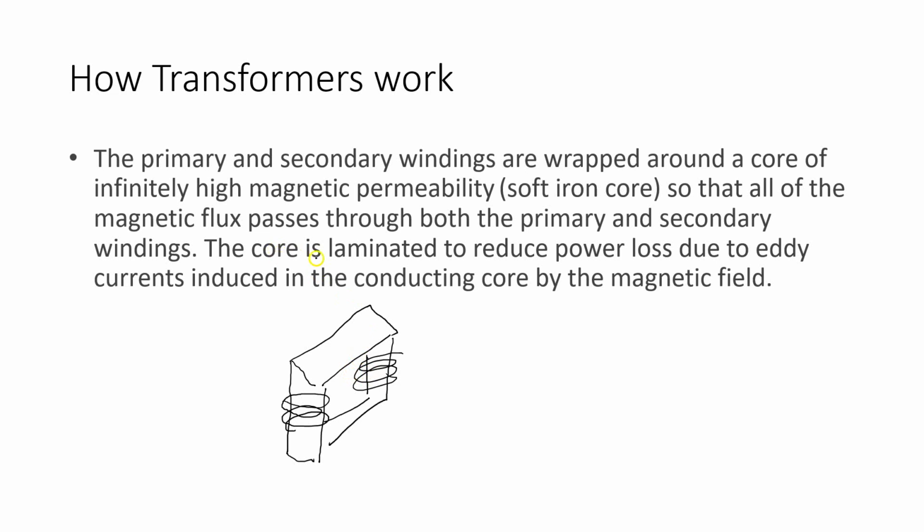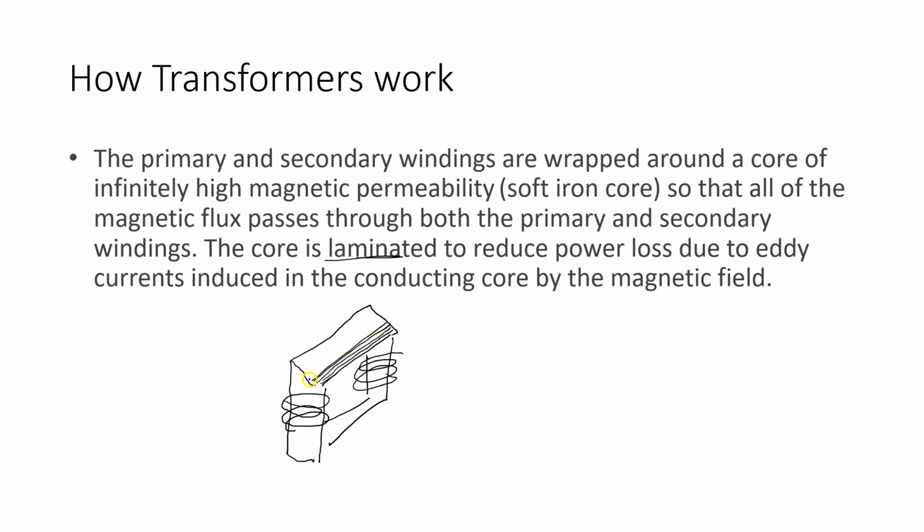Now, one part said that the iron core is laminated, right, to reduce power loss due to eddy current. What we mean by laminated is that the iron core is cut into thin slices. So inside of the iron core is not just a complete piece of metal, right? It is sliced up in small pieces.